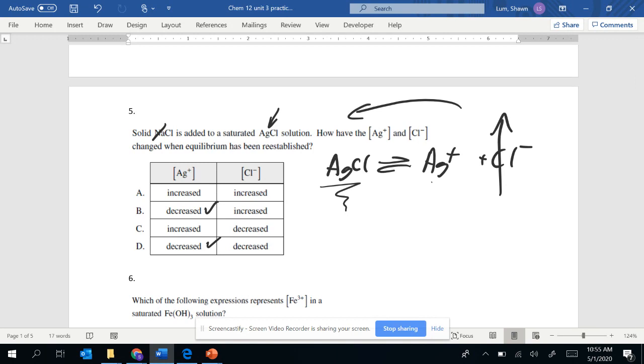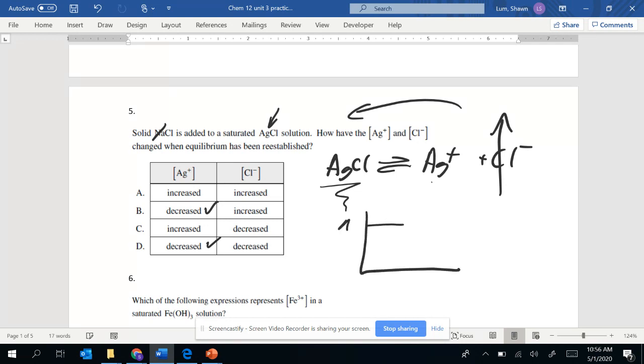Now, here is the tricky part, I guess. If NaCl is added to a saturated solution, how have the Ag and Cl changed when an equilibrium has been re-established? If I was to draw a chapter 2 graph, like a Le Chatelier graph, this would be my graph.